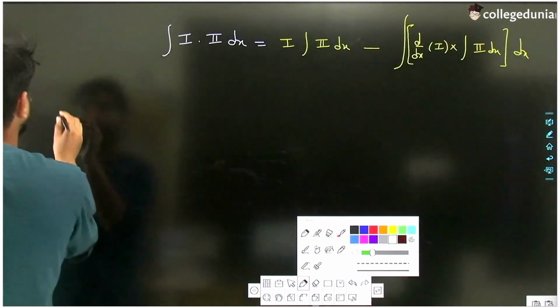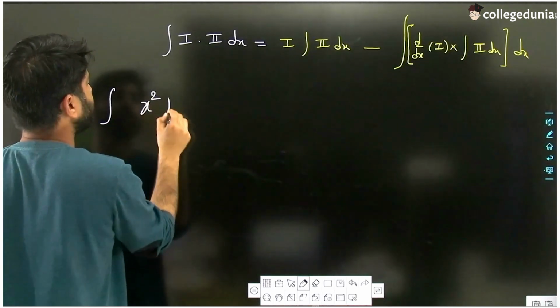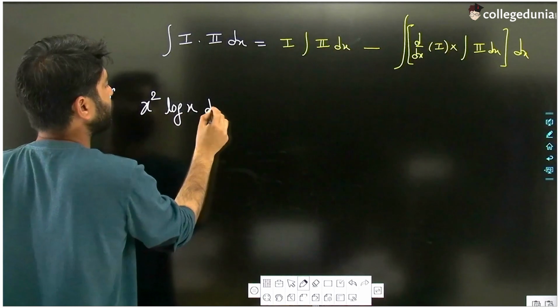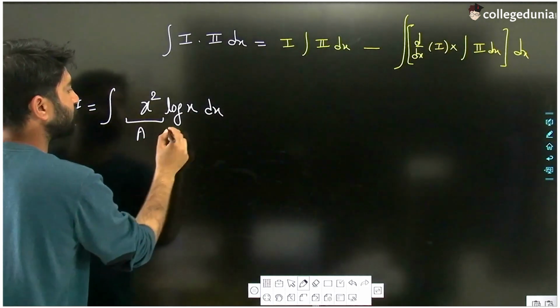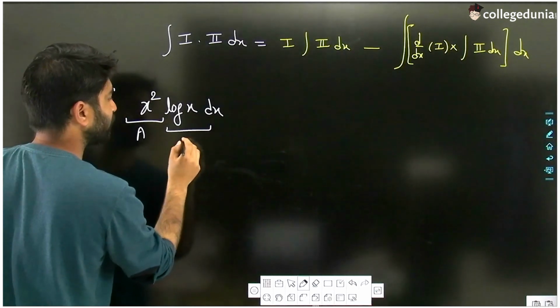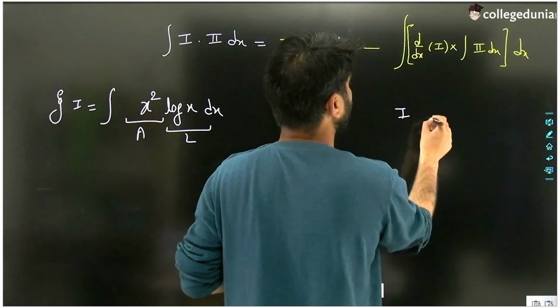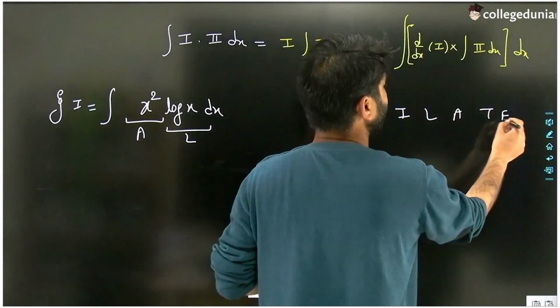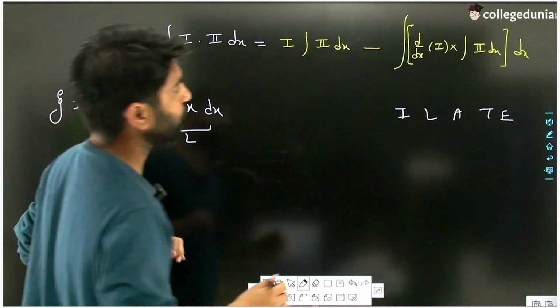Okay, so guys, let's take another example. Let's say we have to integrate x square into log x. Now you can see this is an algebraic function, and this is a logarithmic function. According to ILATE rule, we have to follow this order.